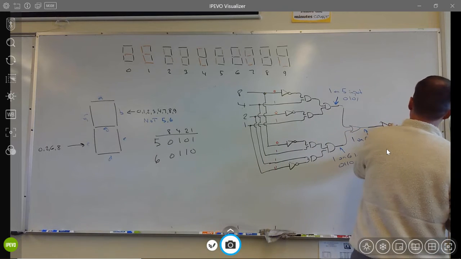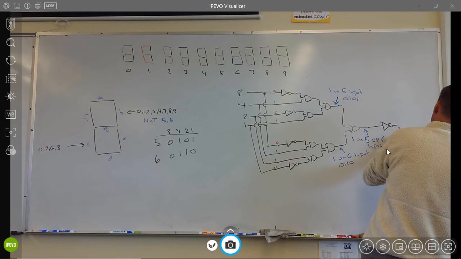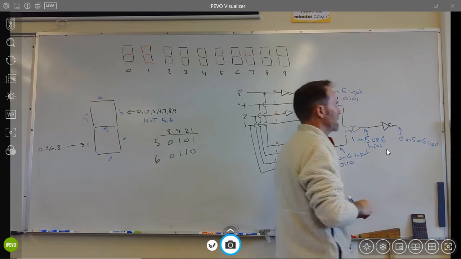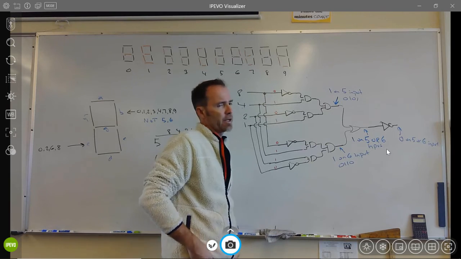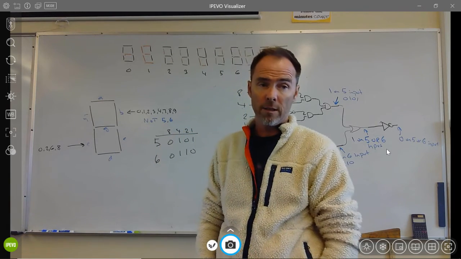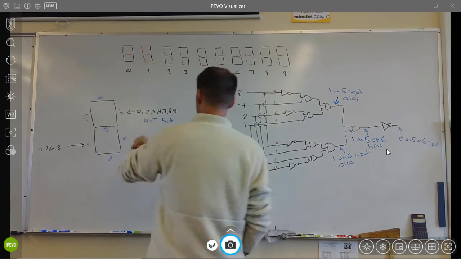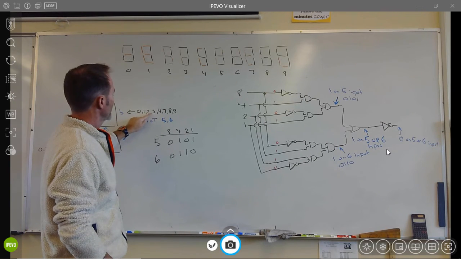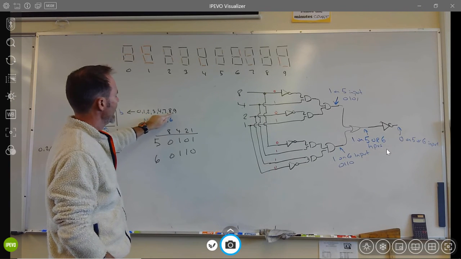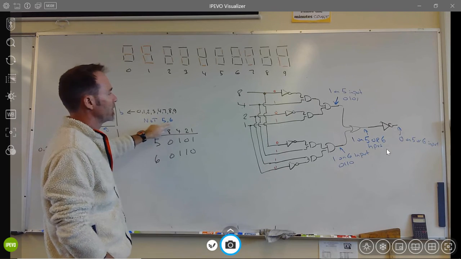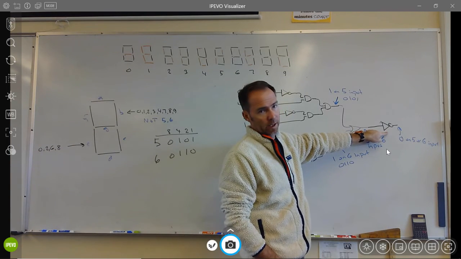And now I have on this guy a 0 on 5 or 6 input. So every other combination would give me a 1. So basically, if I had a 0, 1, 2, 3, 4, 7, 8, 9, anything but a 5 or 6, I would get a 1.